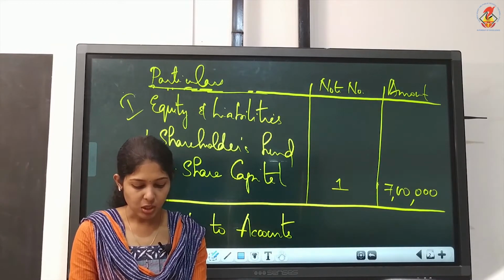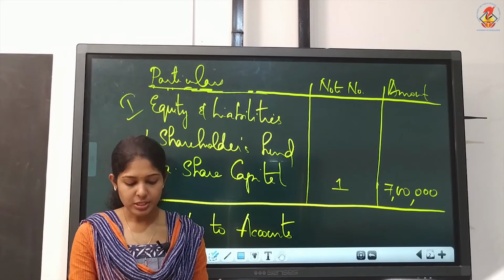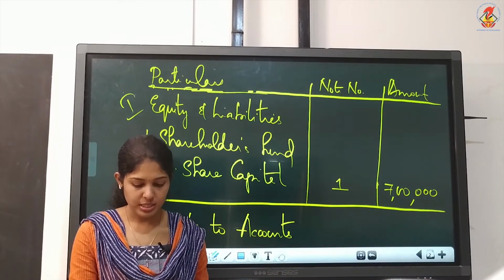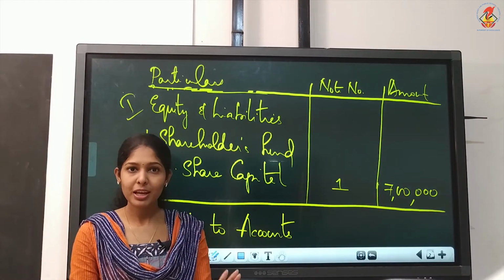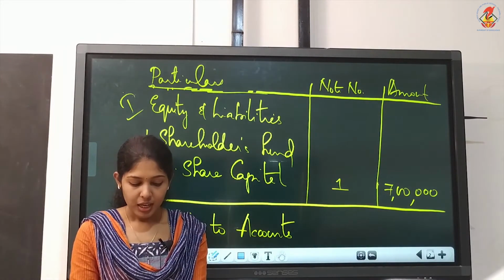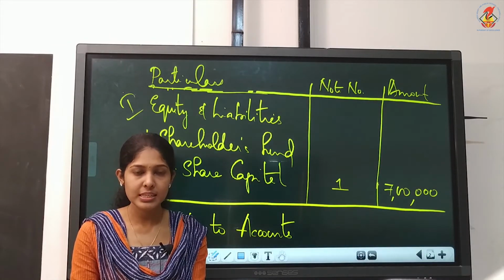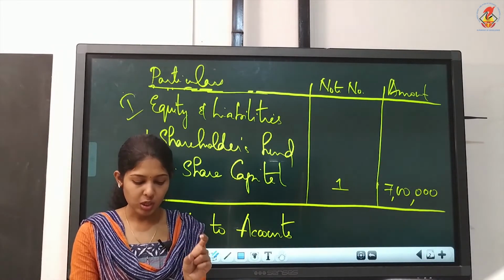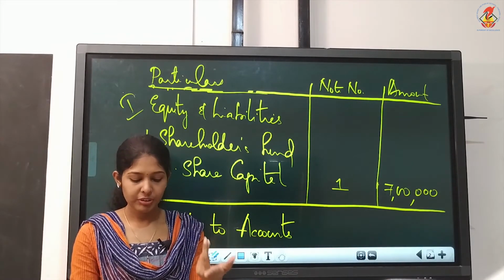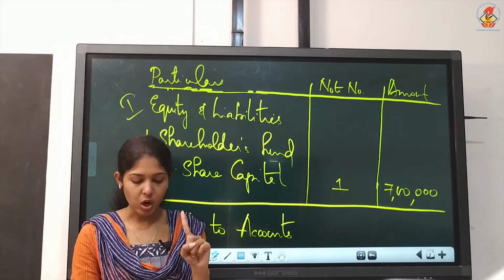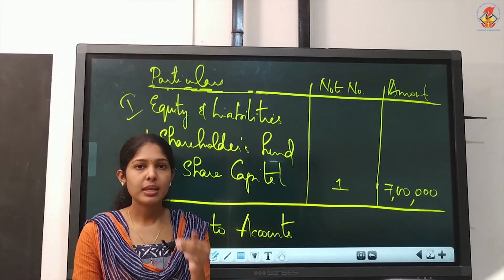The company did not make the call during the year. Company allotted shares to all the applicants; the total they applied for was 1,80,000 shares. Did you see that? The company did not make the call during the year. Call means the first call. We have only the first and final call here. One call is there, and the company did not make the call. So which category is this?